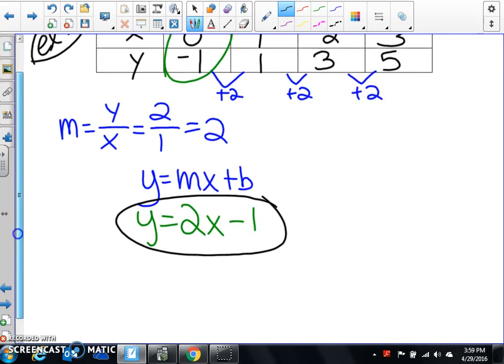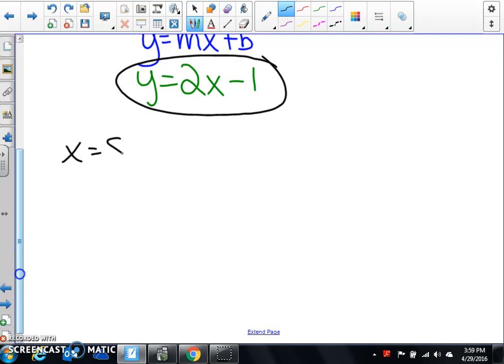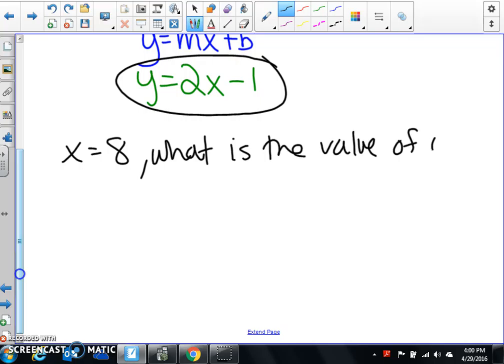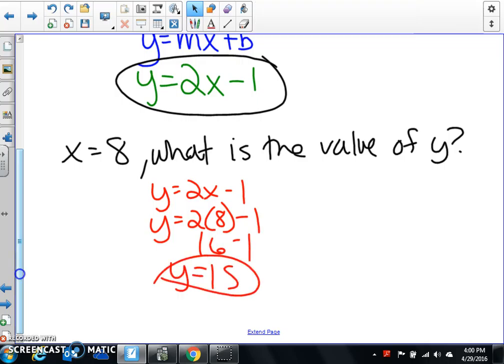They could also ask you, using this table, if x equals 8, what is the value of y? Well, you could just take your equation, y equals 2x minus 1, sub in 8, and solve, getting y equals 15.